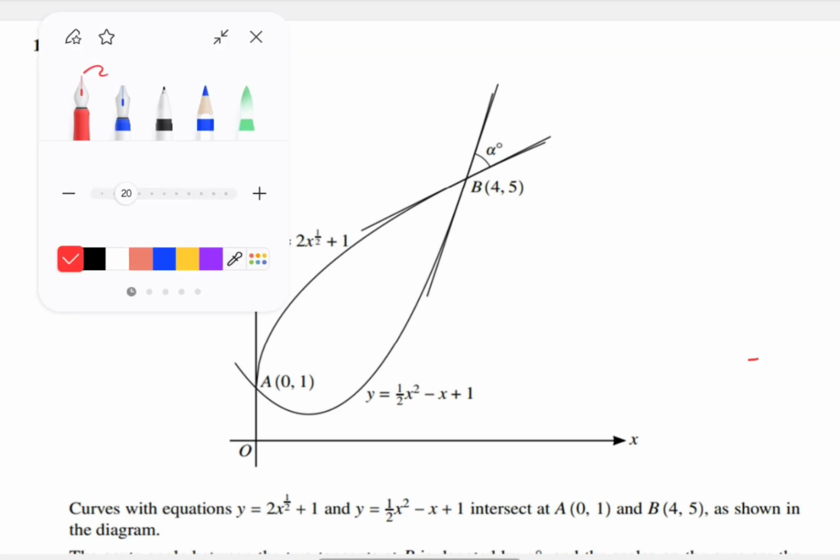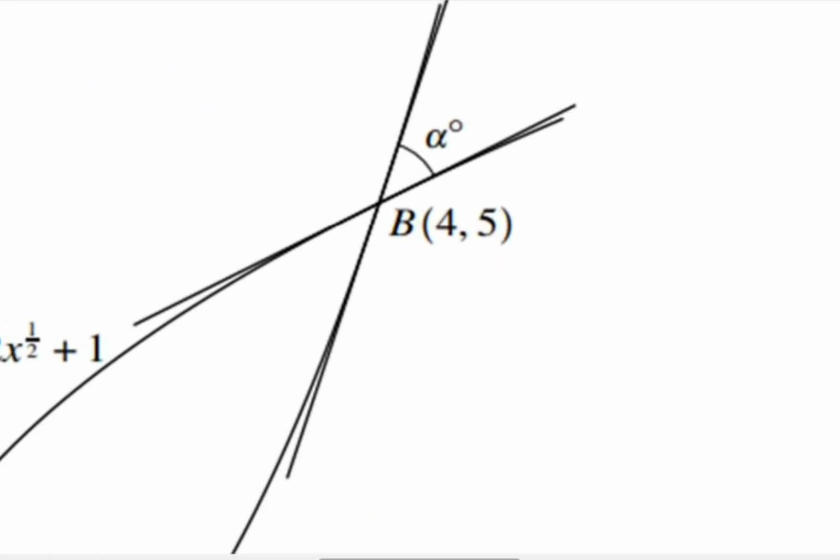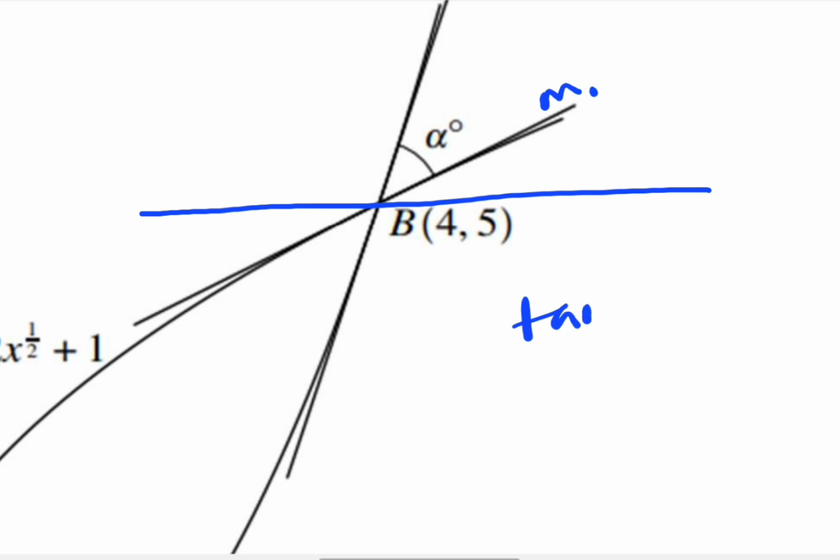If we have a horizontal line here, and the gradient of this, which we can call m1, we say tan inverse of m1 to get this angle, the angle between the slanting line and the horizontal line, right? Then we get that.